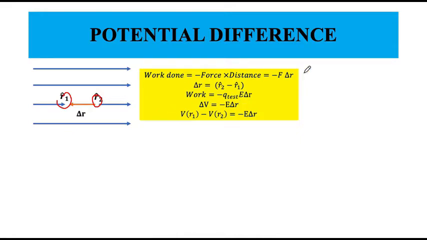When I move a distance of delta R along this path against the field, I will perform some work, but I know that the force on the test charge is also given by the electric field at that point, and we assume that the electric field is constant as we move from R2 to R1. If we divide work done by the test charge, that is, if we calculate work per test charge, that will give me potential.